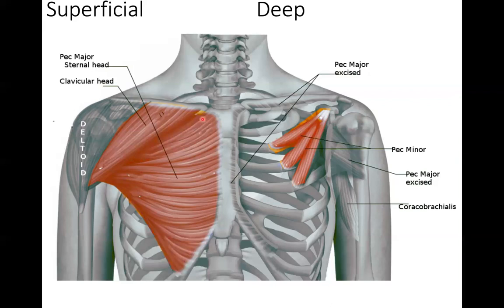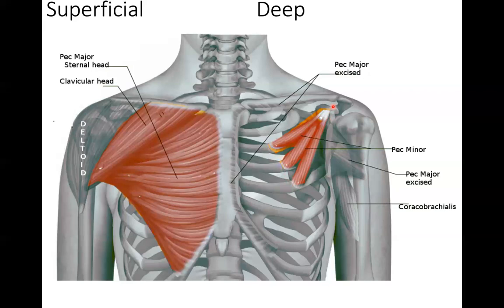If pectoralis major were reflected back, as it is on this side, it's been cut so that you can see the muscles underneath, and there's its insertion point there, then what you'd be able to see is pectoralis minor. Pectoralis minor has its origin on ribs 3 through 5, and its insertion on the coracoid process of the scapula.